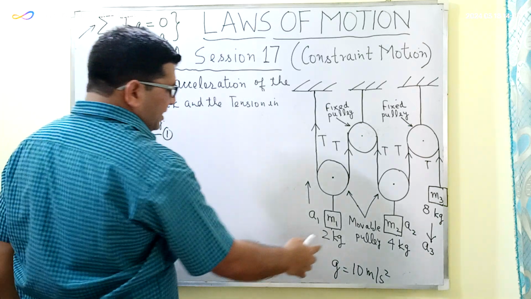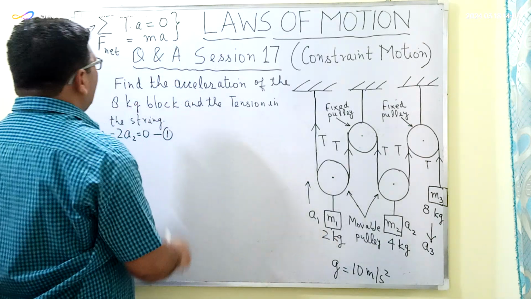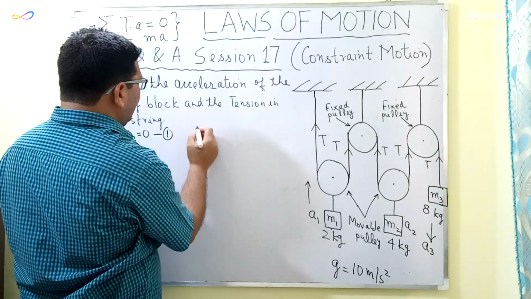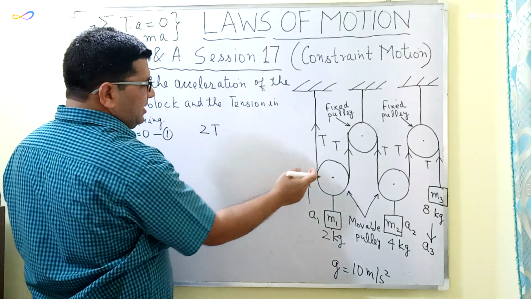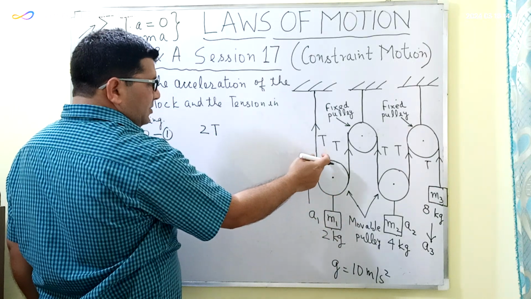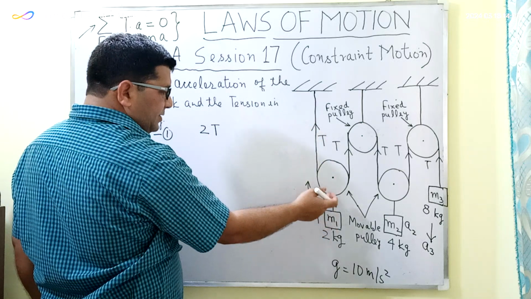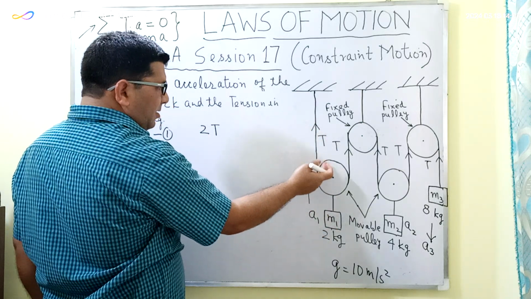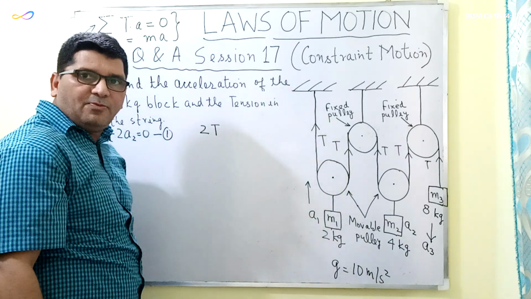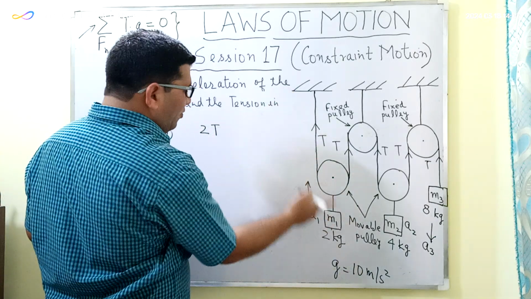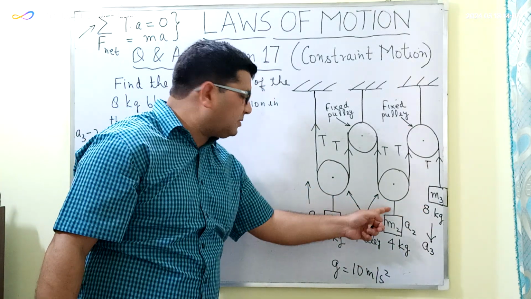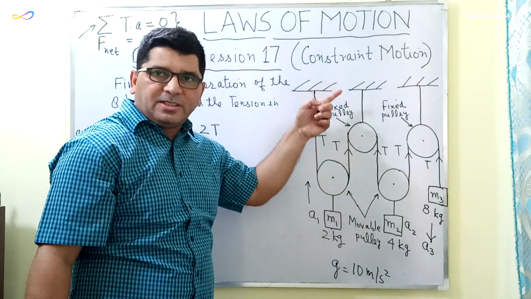That is, the net force acting on the individual block is equal to m into a. The tension acting on this block is T plus T, which is equal to 2T, and this is acting in the upward direction. If this block is moving downward, then block M1 and block M2 will move in the upward direction.